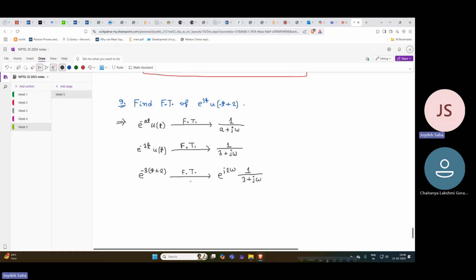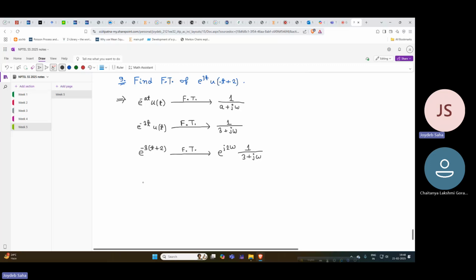Okay, now let's break it. We will get e to the power minus 3t times e to the power minus 6, u of t plus 2.